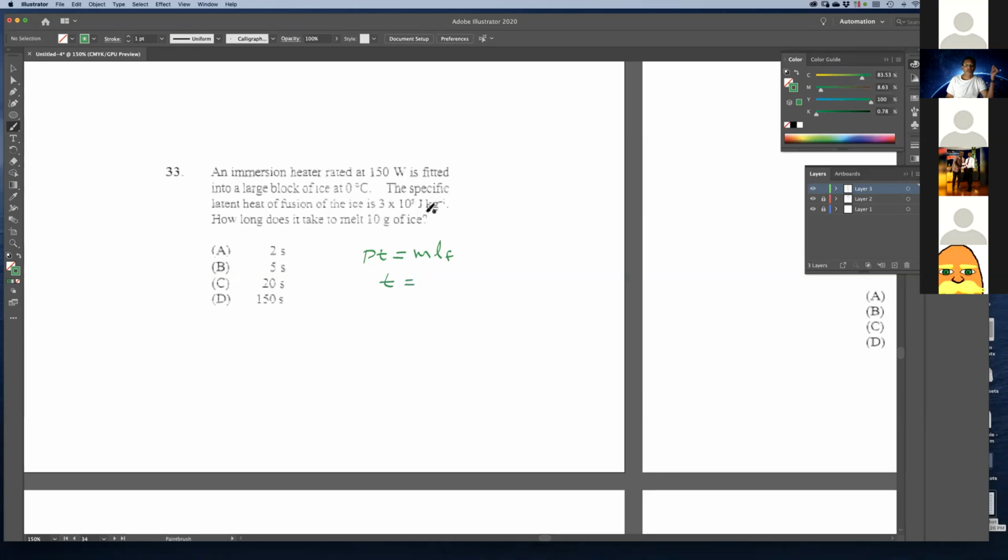This is in per kilogram, so I'll convert 10 grams to 0.01 kilogram, multiplied by Lf, which is 3 by 10 to the 5, over the power, which is 150. So we just solve that. With 33, I have C.